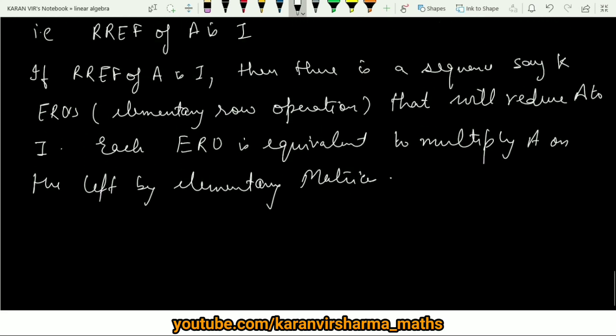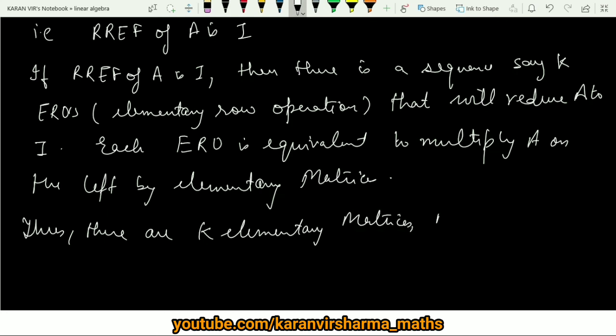Thus, if the row reduced echelon form of A is identity, there must be some sequence of EROs, that is, elementary row operations, that will reduce my A to the identity matrix, correct? And each such elementary row operation is equivalent to multiplying the matrix A on the left-hand side by an elementary matrix. So thus there are K elementary matrices, let me call them E1, E2 and so on to Ek, which satisfy this property.